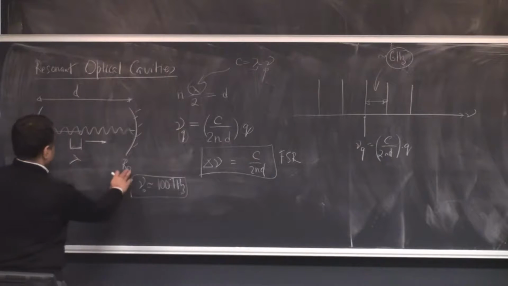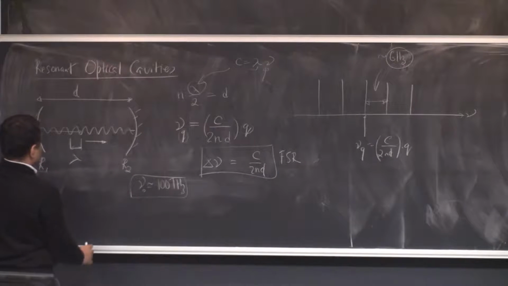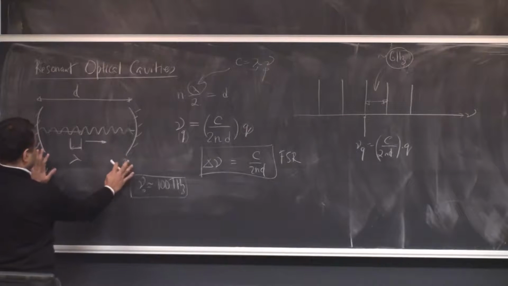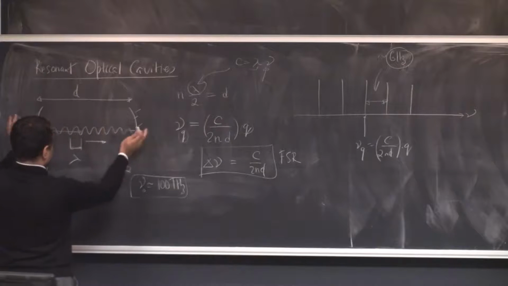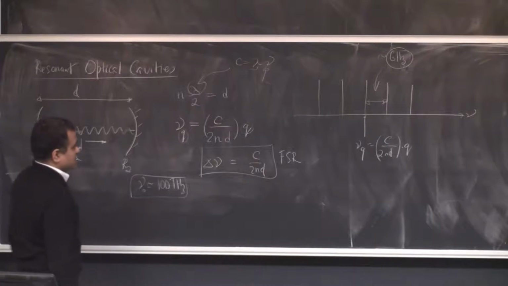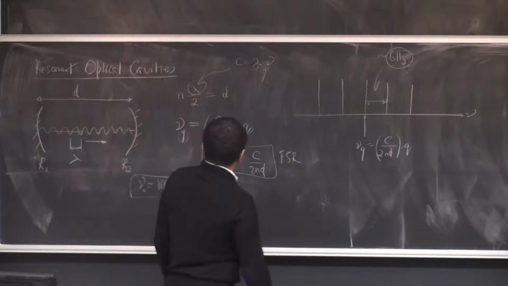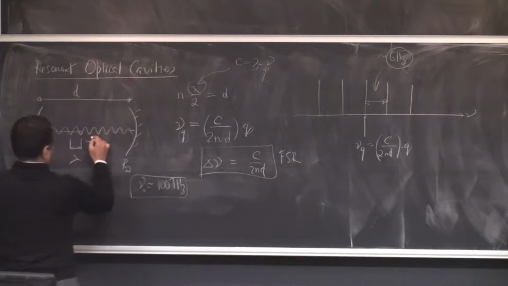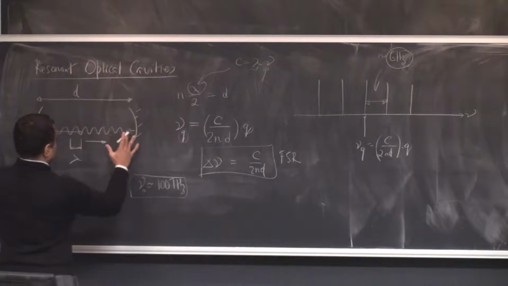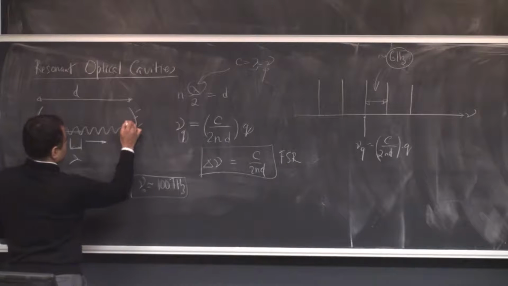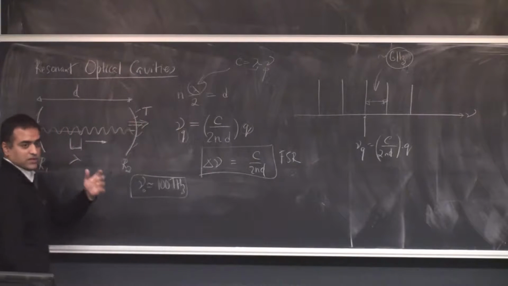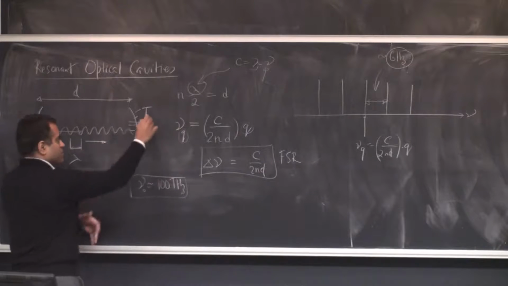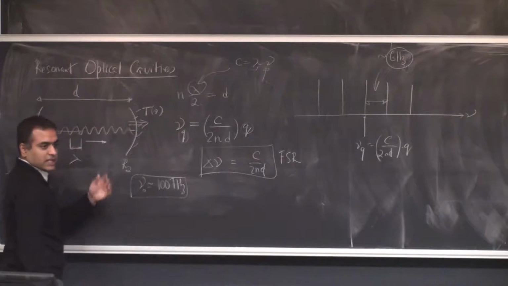Now, if the reflectivities were infinite, if reflectivities were completely 1.0, then none of the light would get out. But if reflectivities are finite, then we can ask the question: if I have light inside, what is the transmission coefficient, meaning how much of the light gets out of the cavity as a function of its wavelength or a function of anything like that?